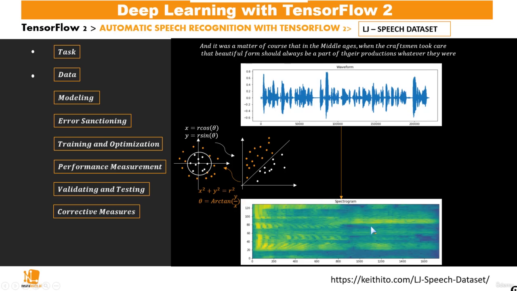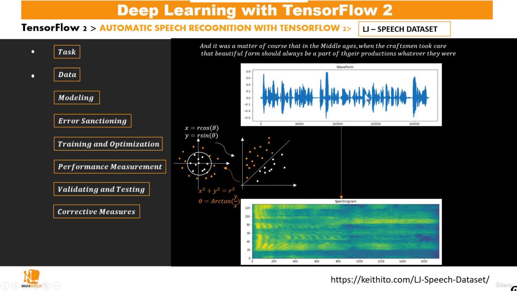We should also note that some techniques may use the raw audio signal like this, or even use a mixture of the two, that's the raw audio and the spectrogram. But it's very common to find people working with the spectrogram.